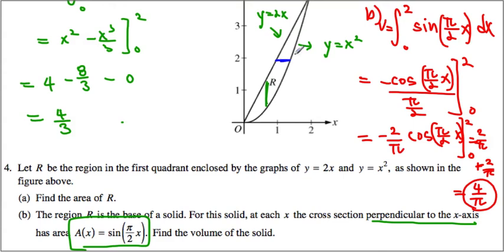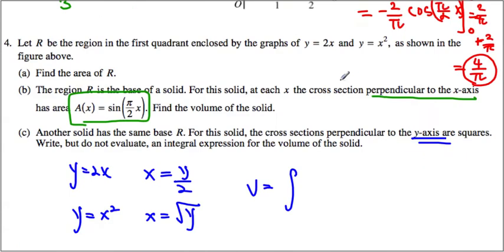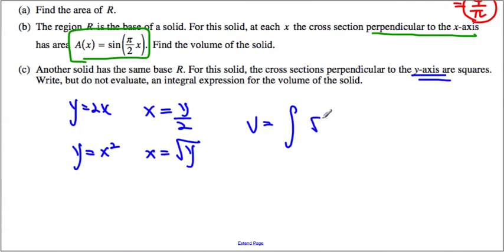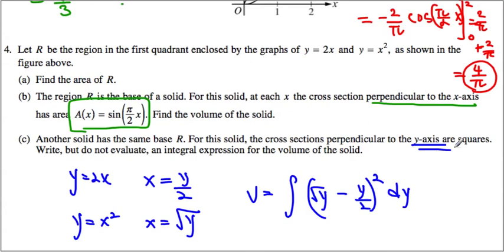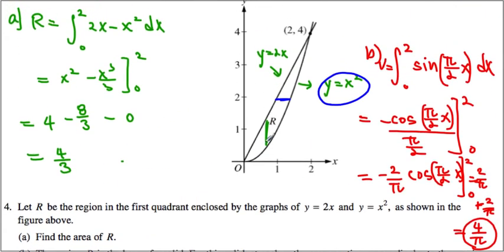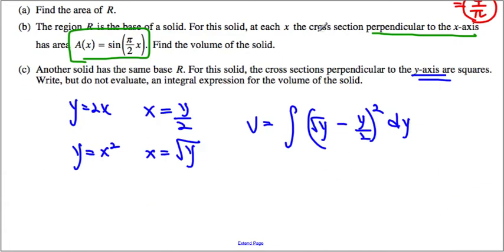What is the side? It will be from right minus left. Right becomes this one. In other words, we're going to get the square root of y minus y over 2. That becomes the side of the square, which we have to square, and dy. But how does y behave? It goes from 0 all the way to 4. So 0 through 4 becomes our answer.